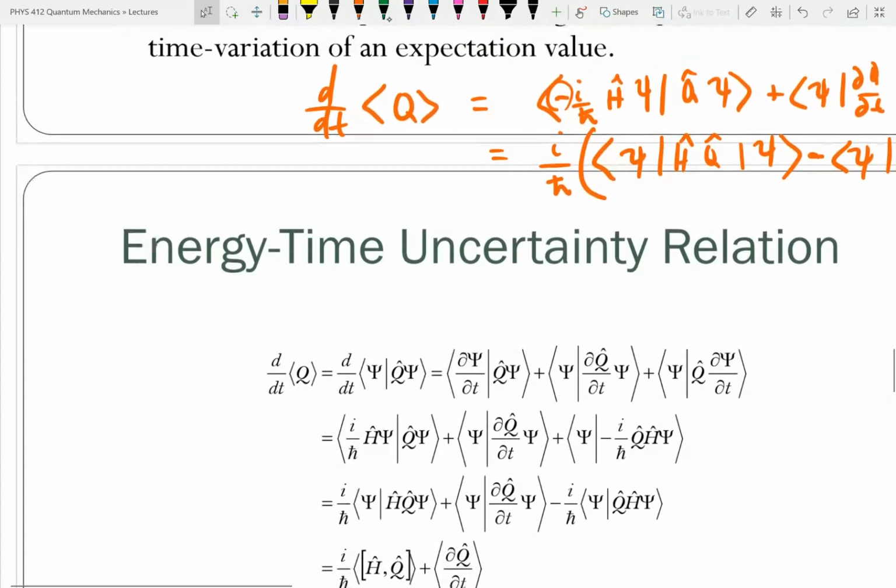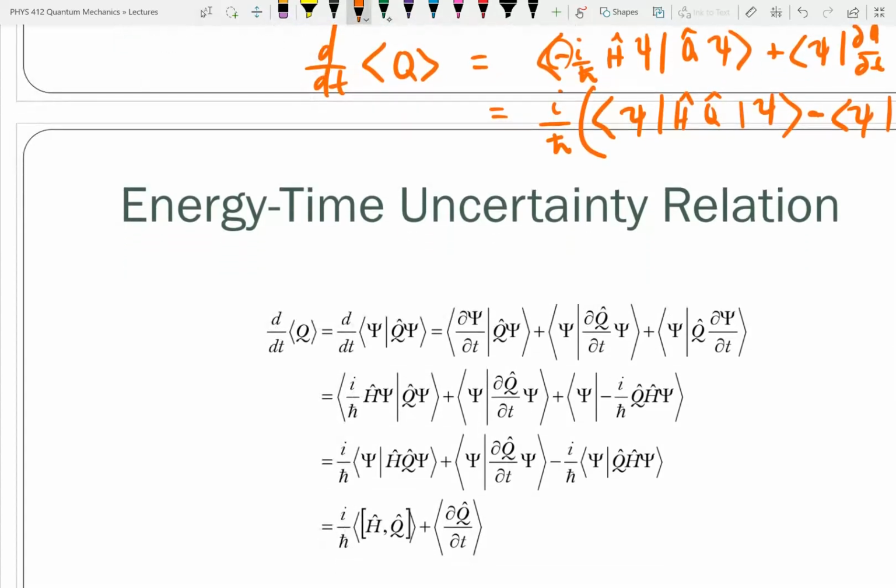So we get to this equation, and this is the full solution. Huzzah, yay, yippee, skip. Well, we never put that there. There is the equation for the time derivative of the expectation value of some random operator. In almost all cases, our operators are time independent. If it's time independent, what is this going to be?